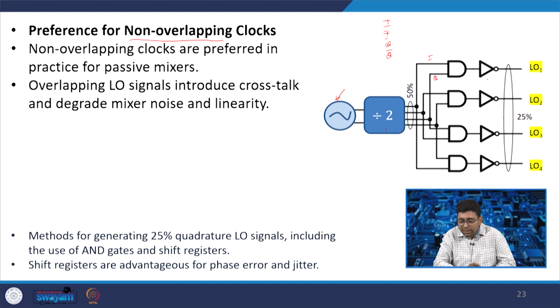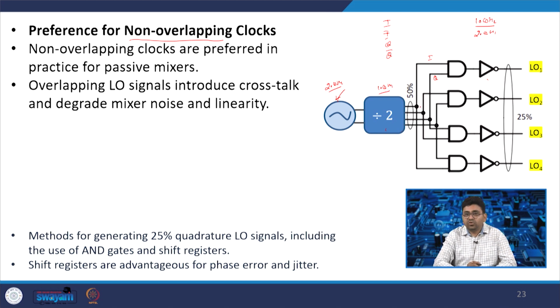So, this is how you can generate the 25% duty cycle, but what is the disadvantage of this? Let us say you are working at 10 gigahertz, then you need an LO at 20 gigahertz. So, you require a 20 gigahertz LO which is divided down to 10 gigahertz here.